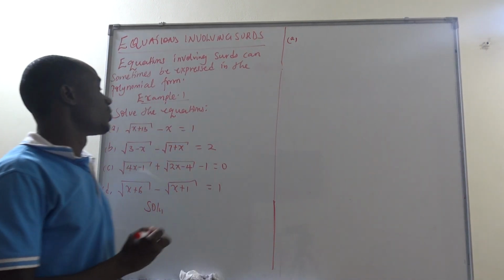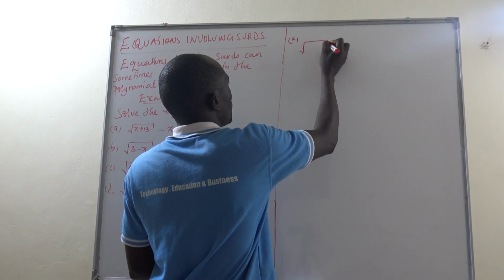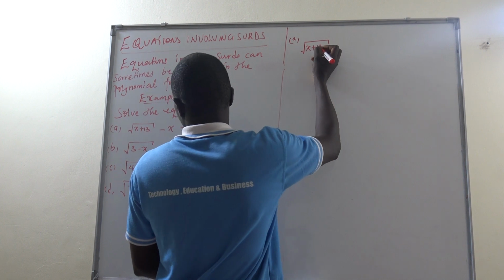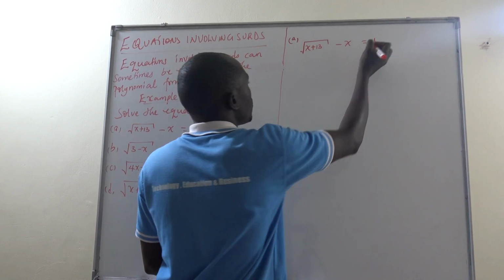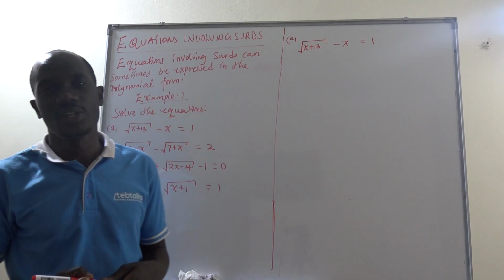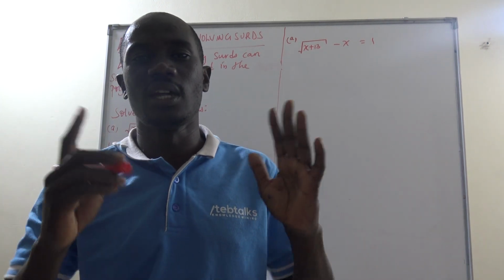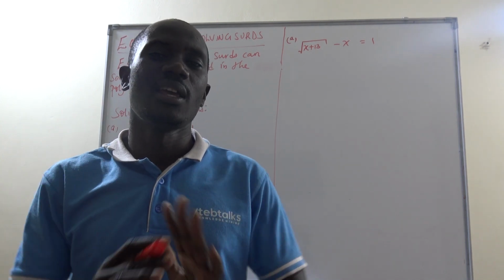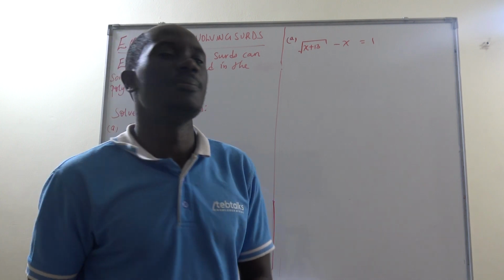We are looking at the solutions. We have root of x plus 13 minus root x equals 1. What we do here, always rearrange first. Those terms in surd form, which are under a root, should be together. Those without a root, which are non-surdic numbers, also put together.